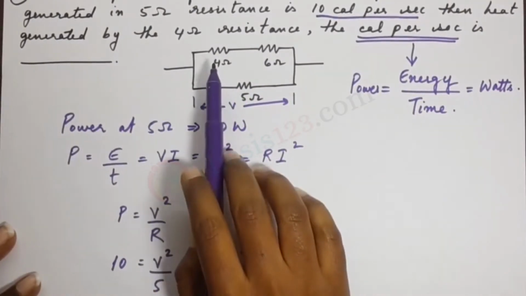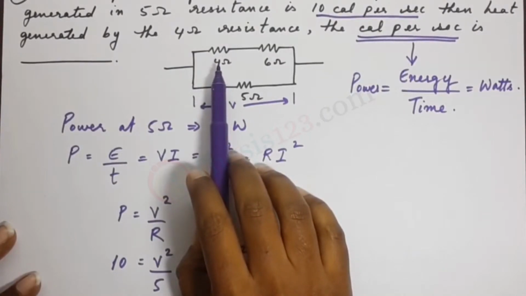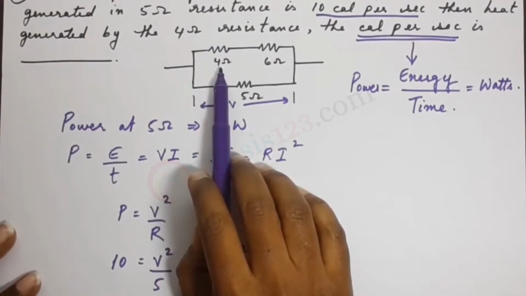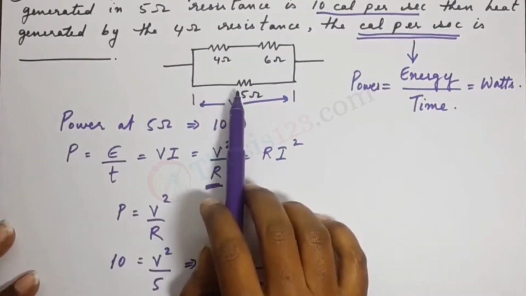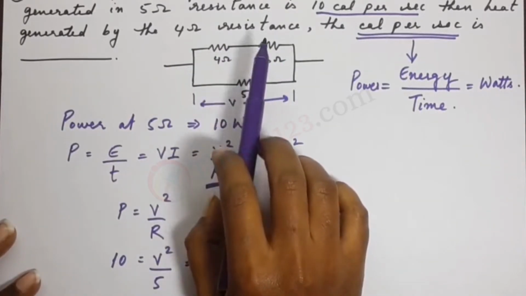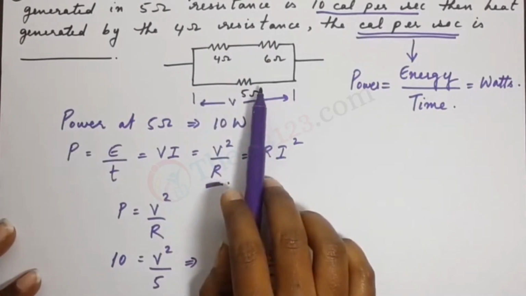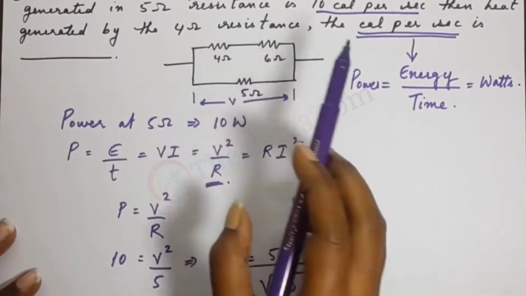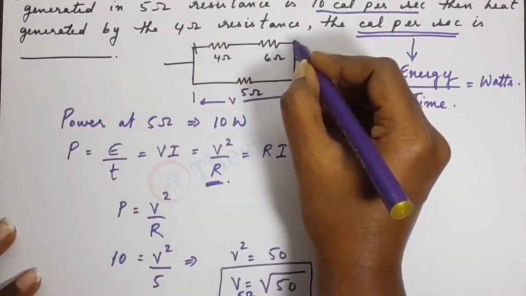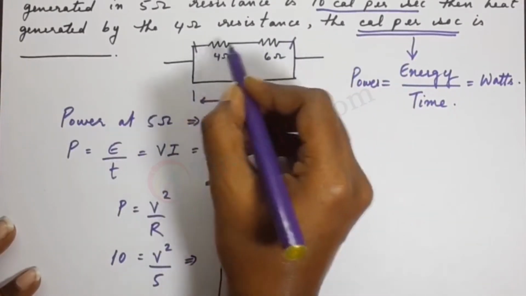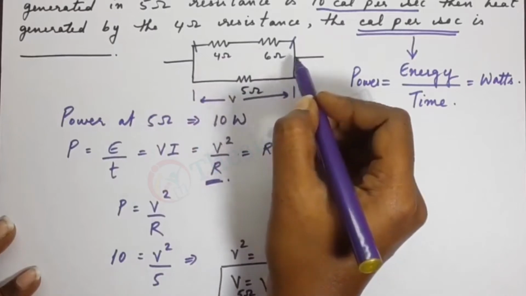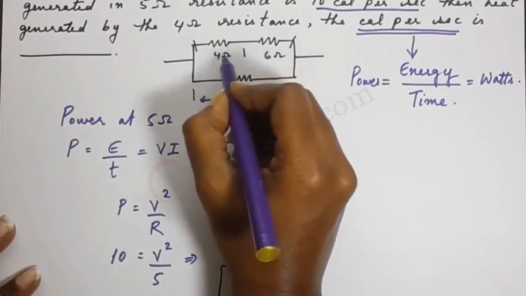Okay, so we are asked to find out the power that is dissipated in this resistor here, the 4 ohm resistor. So let's look at the circuit. 5 ohm is in parallel with these two, which means that the voltage across this branch is the same as the voltage across this. It is the same. But in this branch we have two resistors, 4 ohm and 6 ohm, which means that the voltage is divided here.